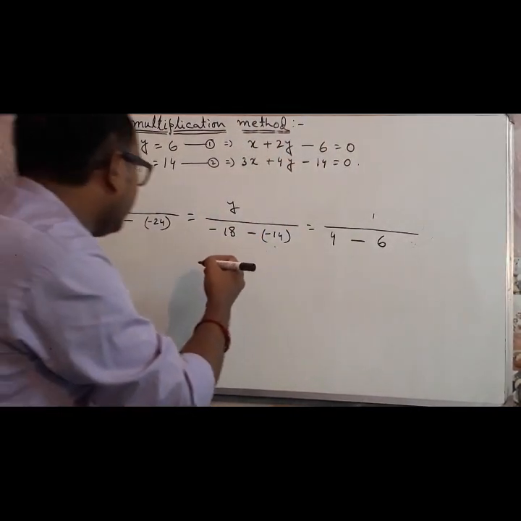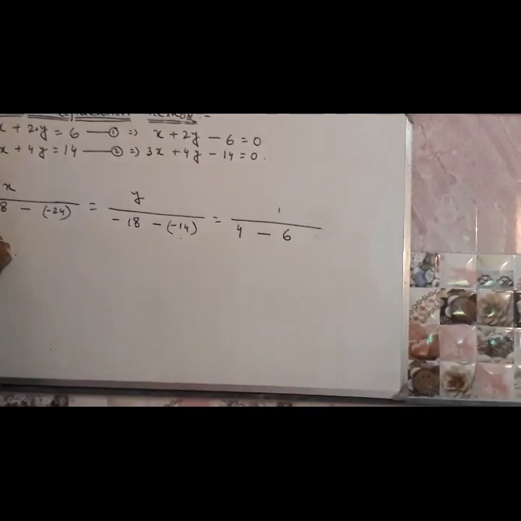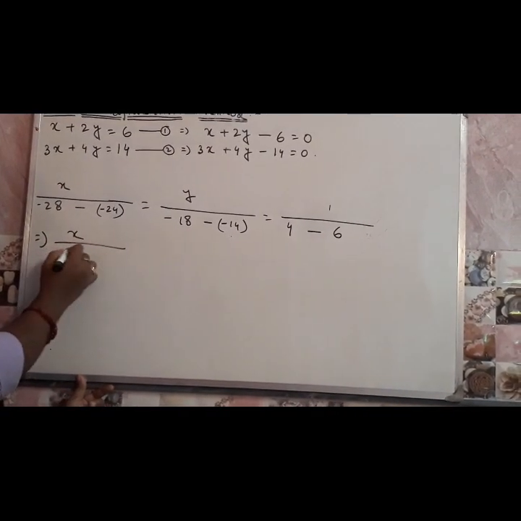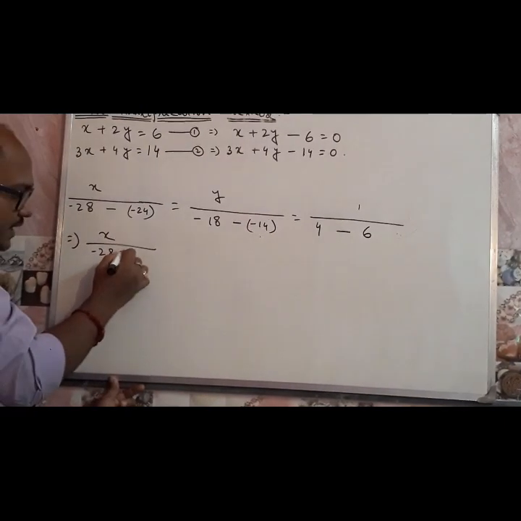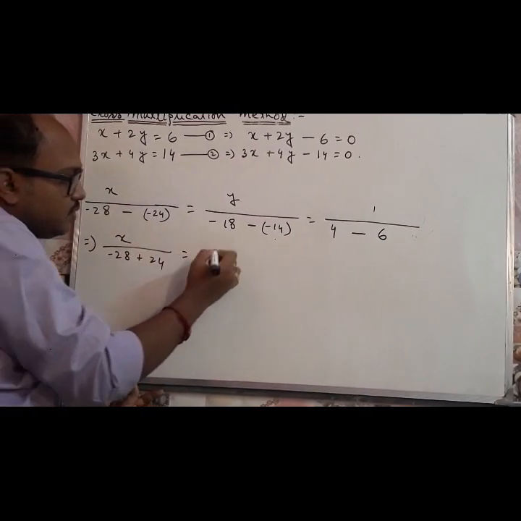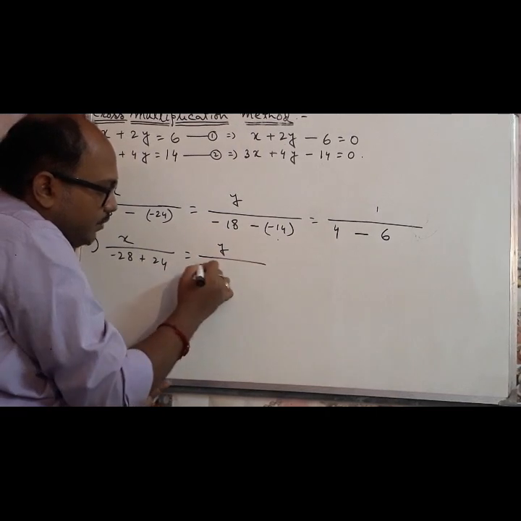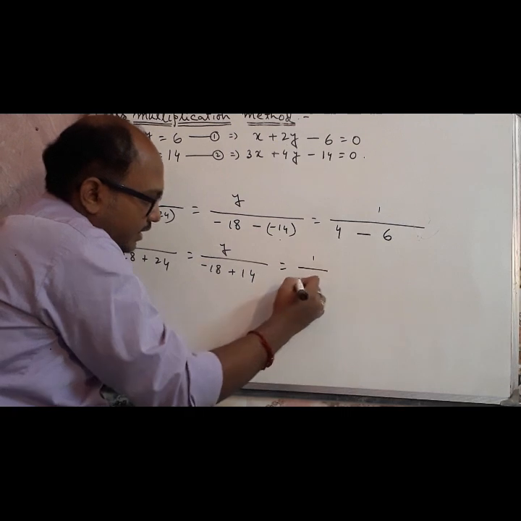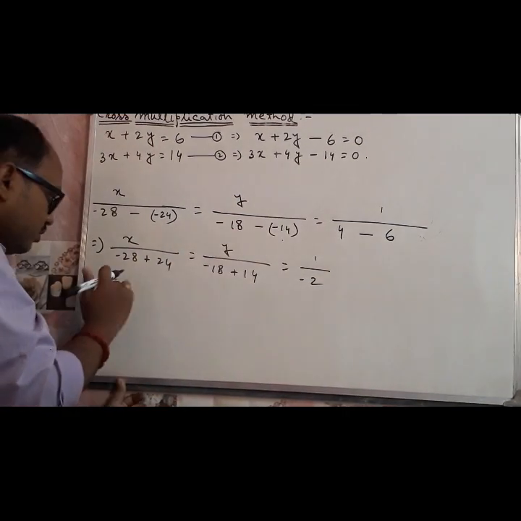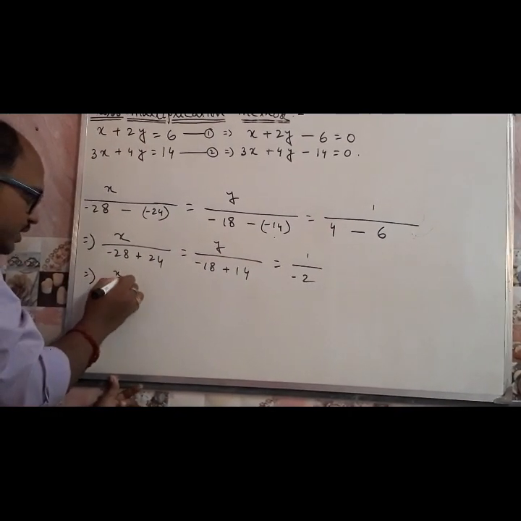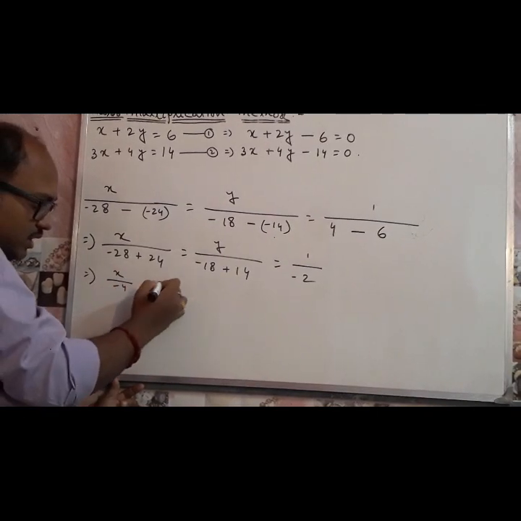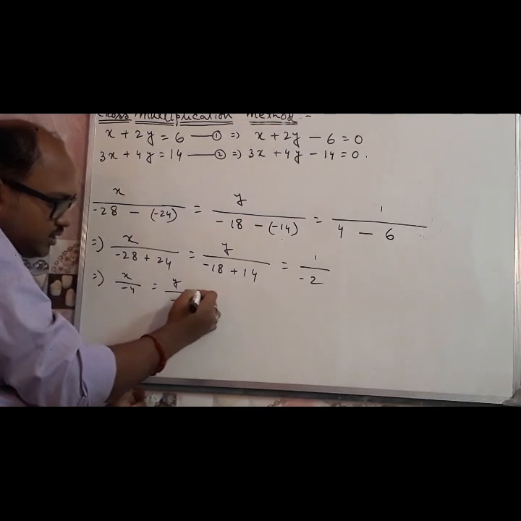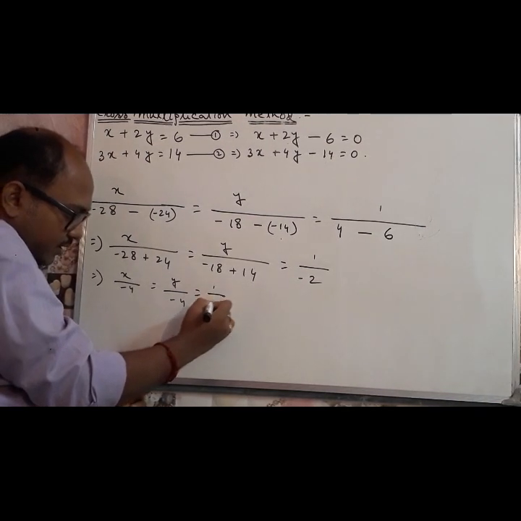Okay. Now calculate this, which implies that x by minus 28 minus 1 plus 24 is equal to y by minus 18 plus 14 is equal to 1 by minus 2. Now that implies that x by minus 4 is equal to y by minus 4 is equal to 1 by minus 2.